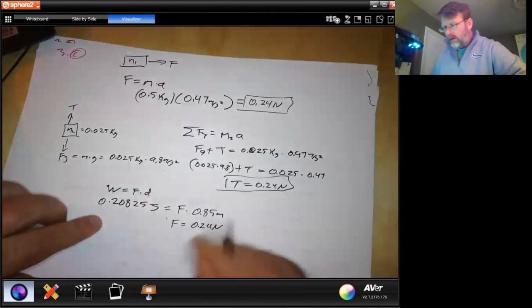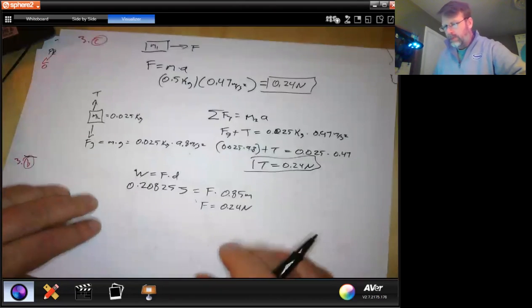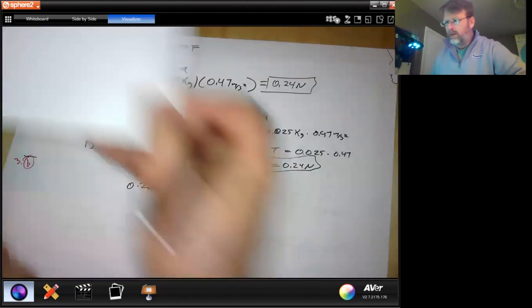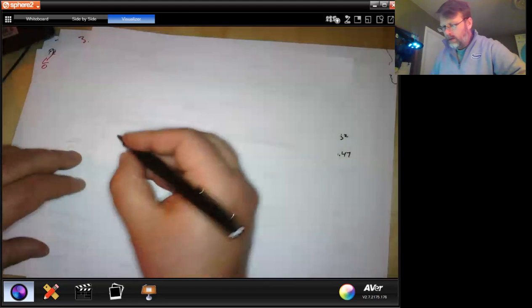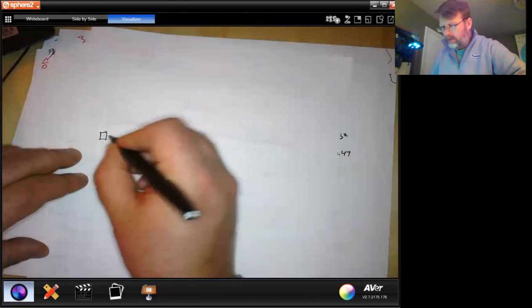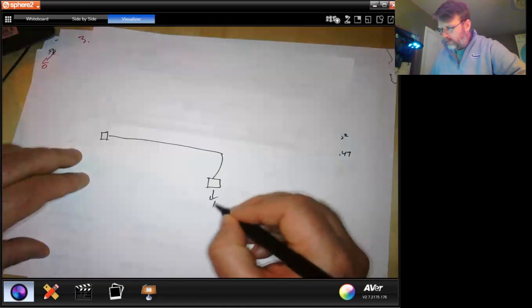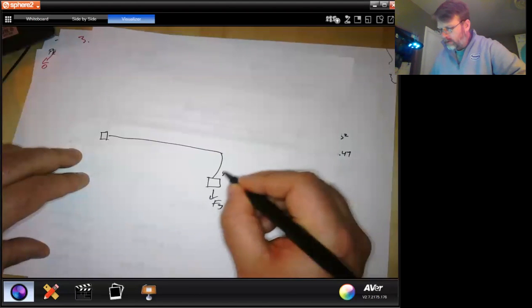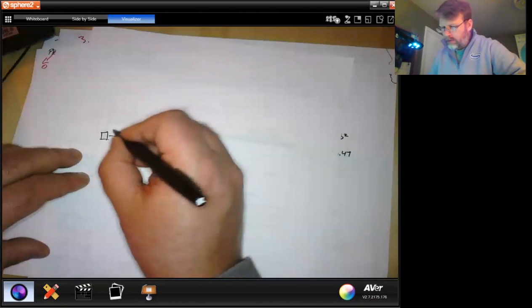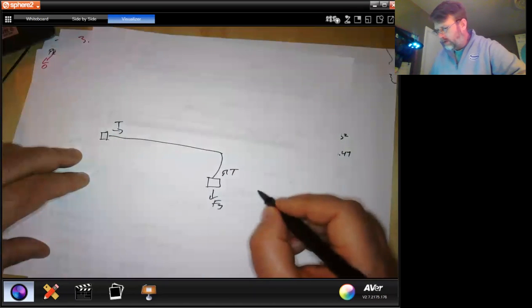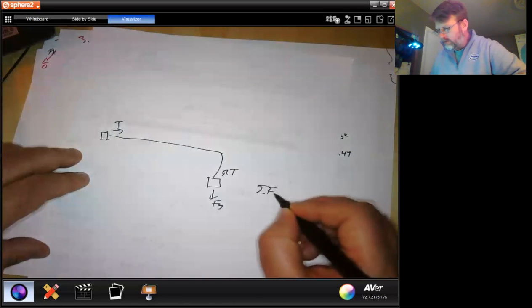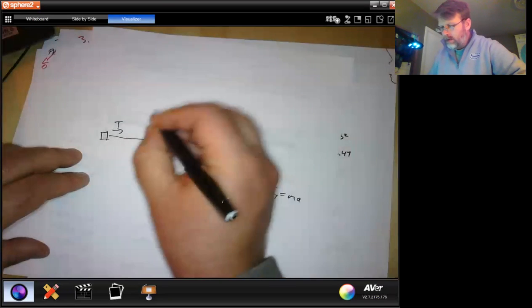If you really wanted to be complicated, there's one other way you can do this, and that is with our masses here. We can do force of gravity, tension, tension, and we can do the sum of our forces in the y equals ma.